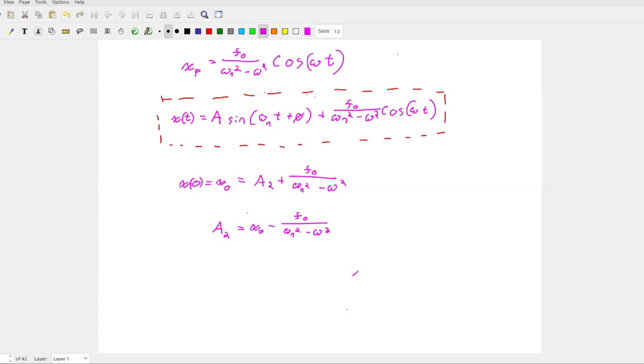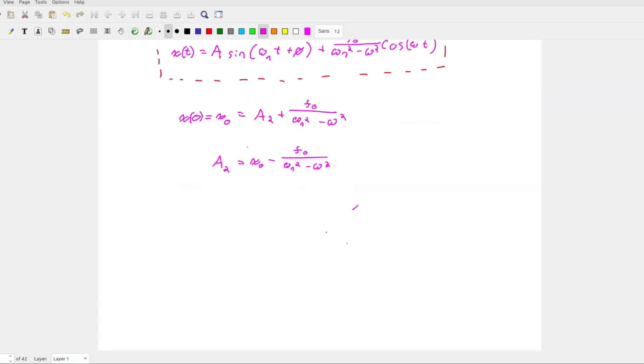So again, we can solve for the terms in velocity now to apply our initial condition for velocity. And let's go ahead and write that out.